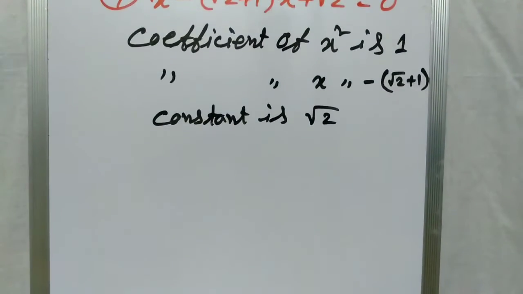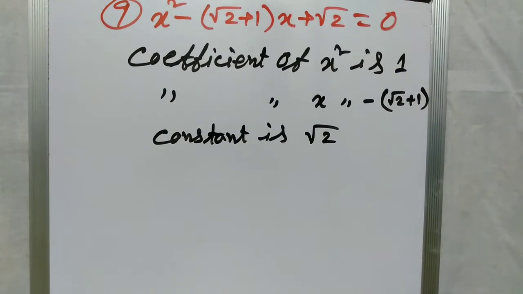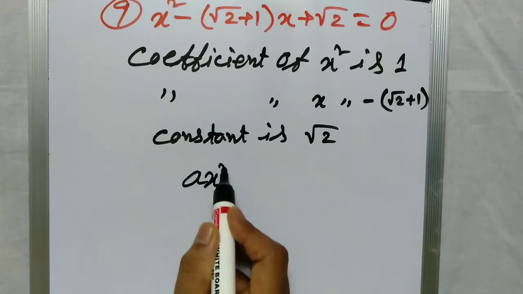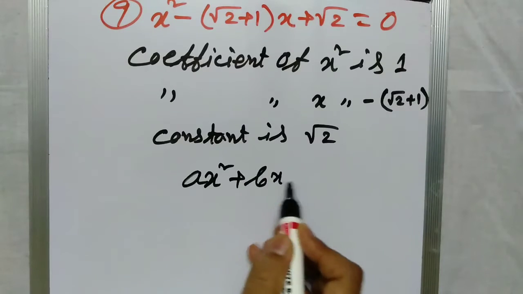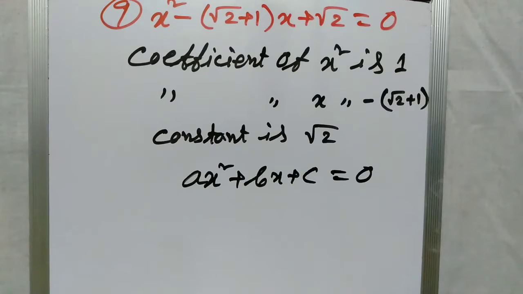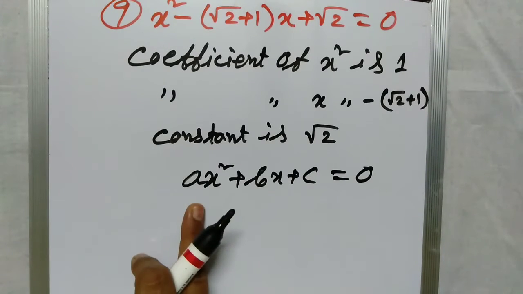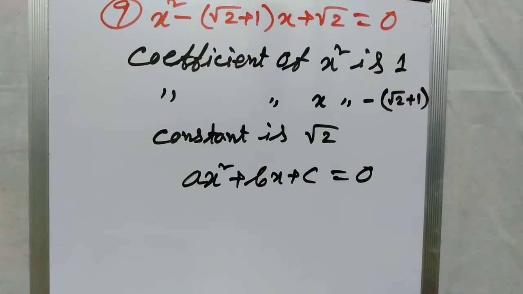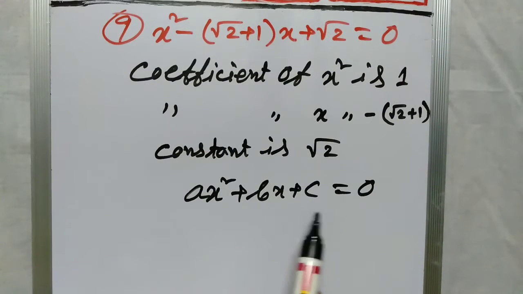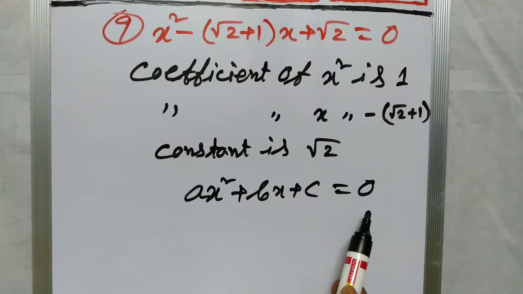Now, the general form of quadratic equation is ax square plus bx plus c is equal to 0. This is the general form of a quadratic equation.